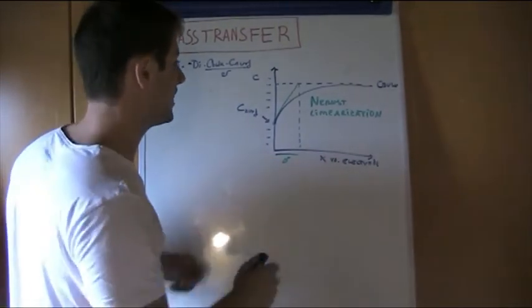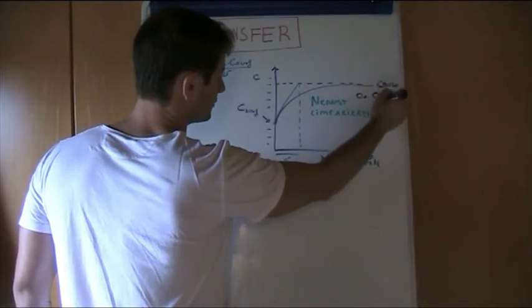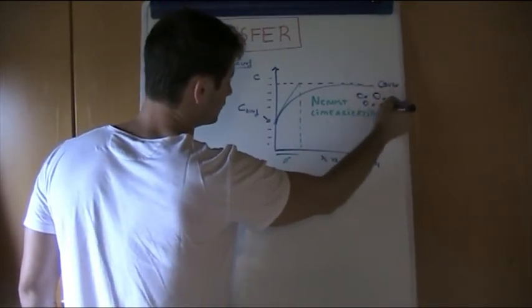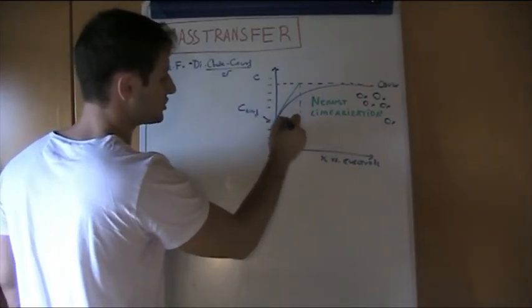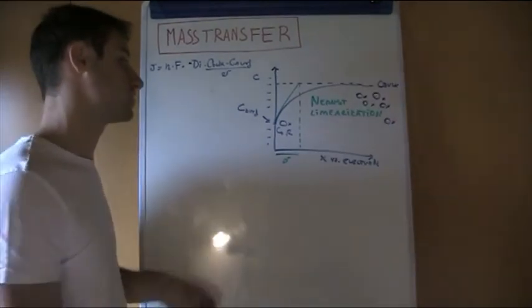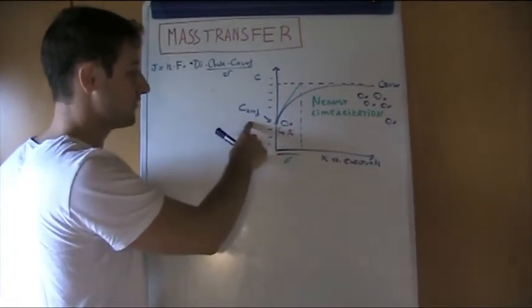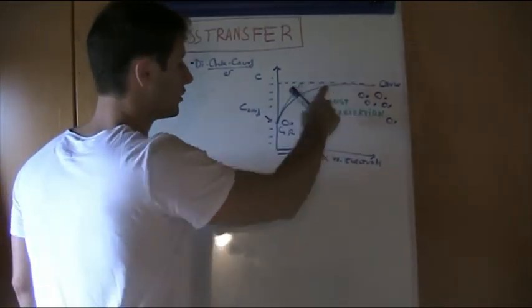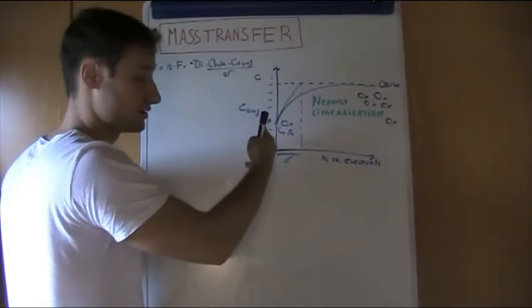So maybe we have here some oxidized species with a certain concentration, and on the surface of the electrode, this oxidized species is transformed in a reduced one. And this is the reason for which the concentration of the oxidized species on the surface is smaller with respect to here, because here we have a conversion, and so the concentration is decreasing.